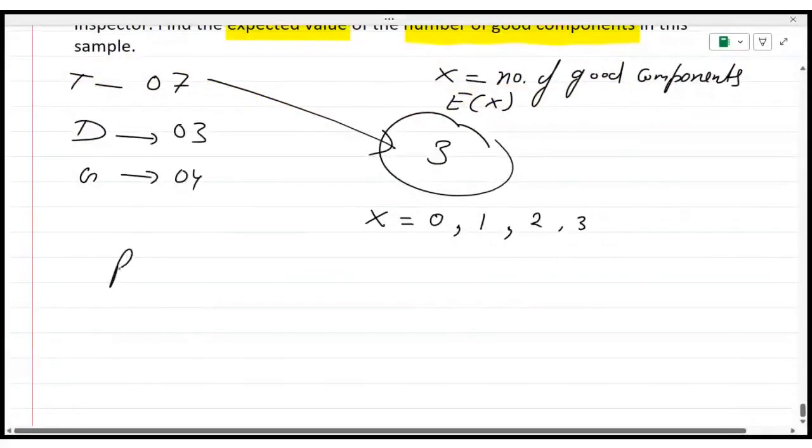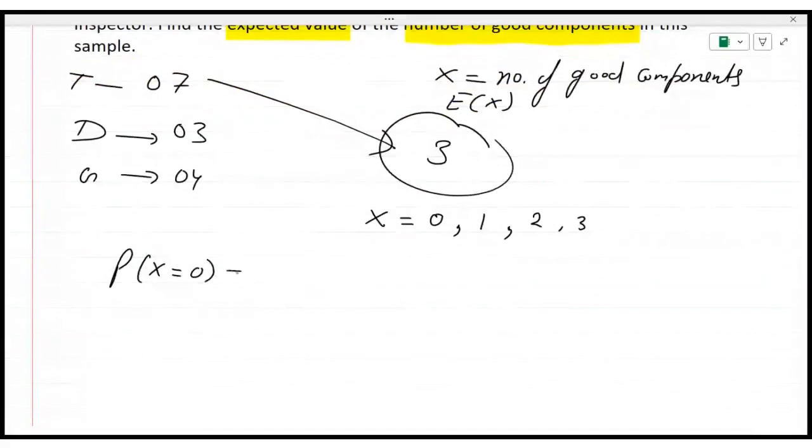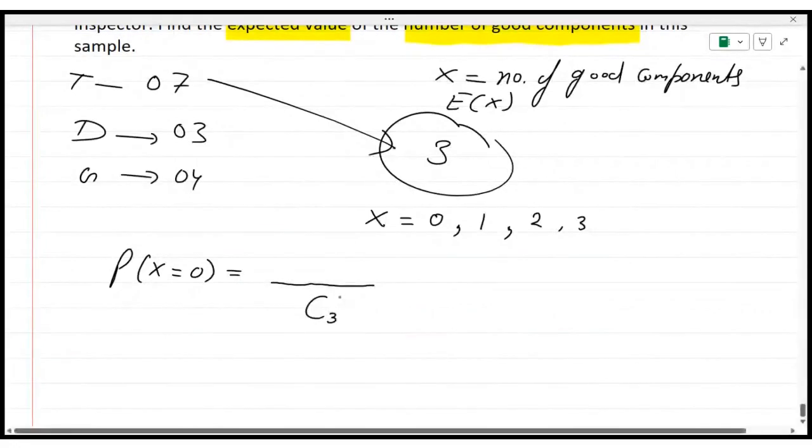What are the chances that there will be 0 good components? First of all, in how many ways can an inspector select 3 components out of 7? 7C3.